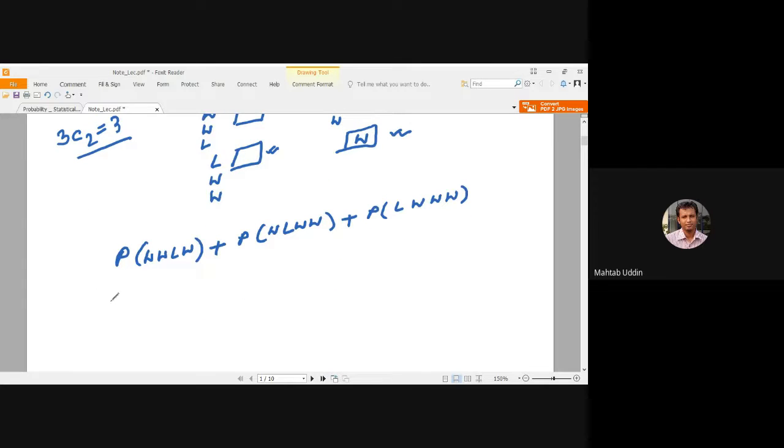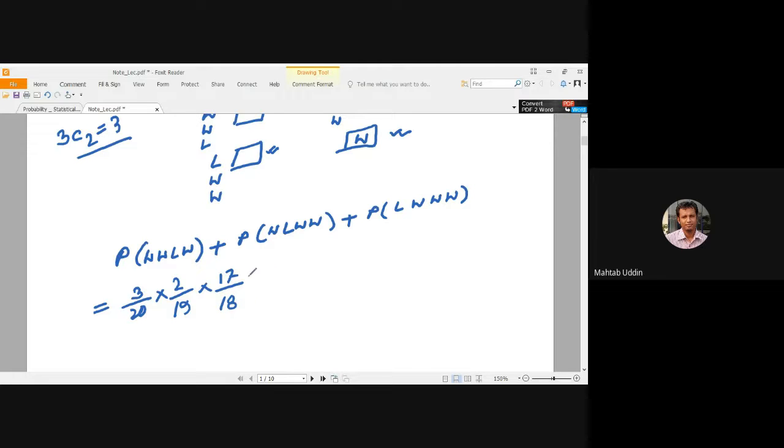Now let us find. Initially there are 3 out of 20, then 2 out of 20. Now a loss, sorry, not 20, it should be 19. Then there are 17 lost balls out of 18.